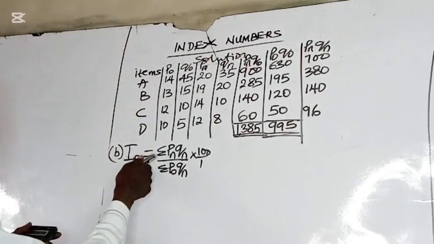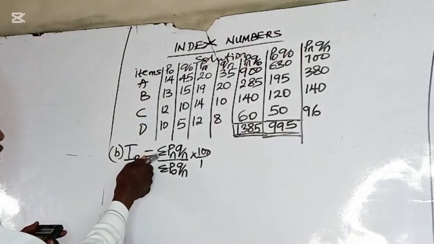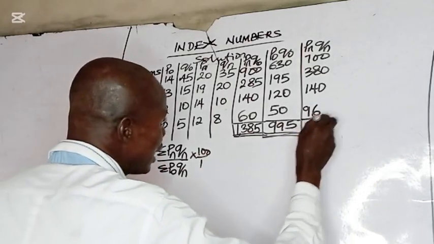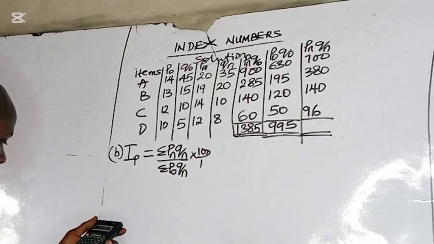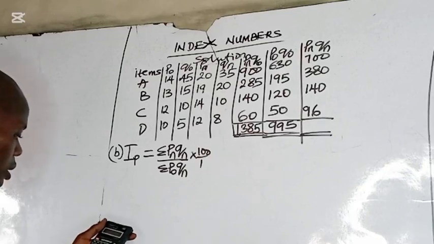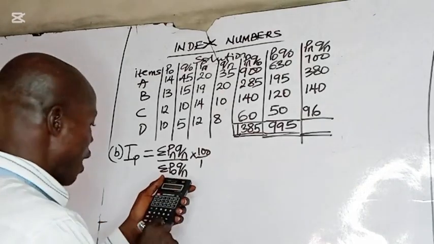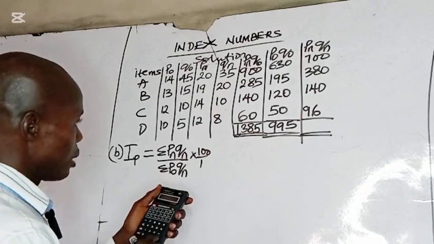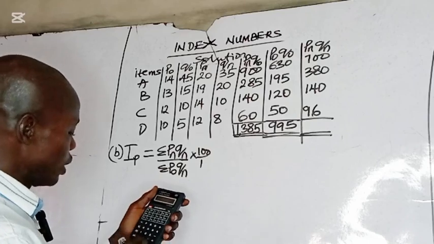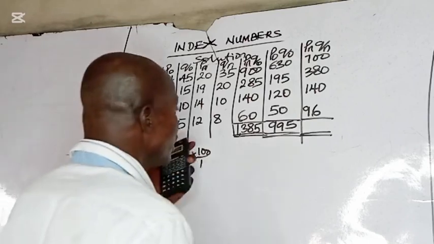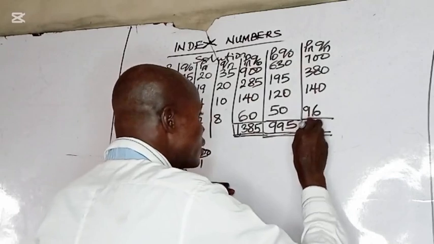By virtue of the formula, because of this symbol, you need the sum of the items. 96 plus 140 plus 380 plus 700, that is total 1,316.